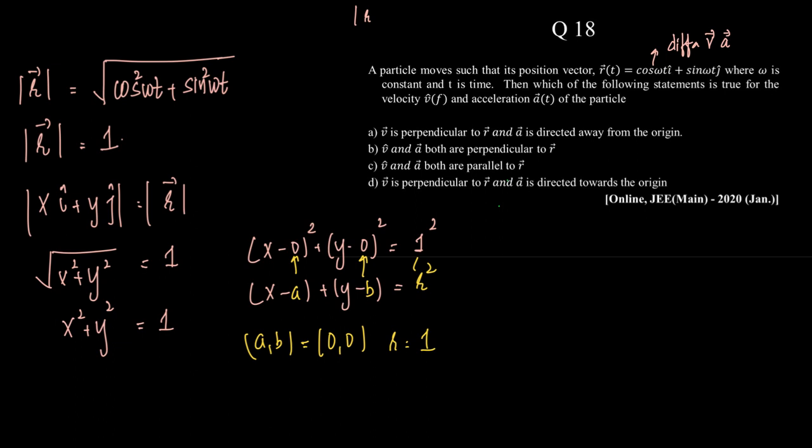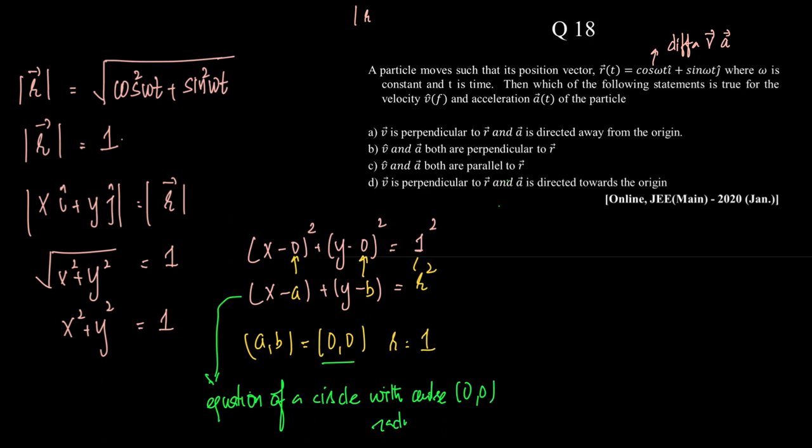And what is this? This represents nothing but the equation of a circle with center being the origin, center 0 comma 0, and with radius equal to 1 unit, right?